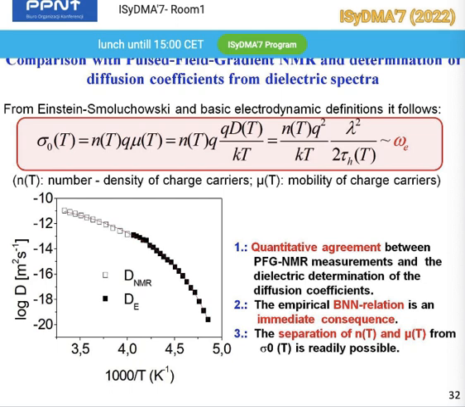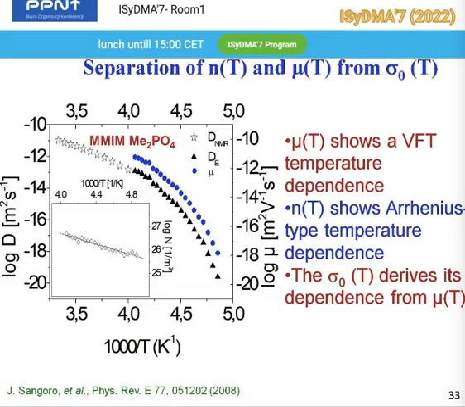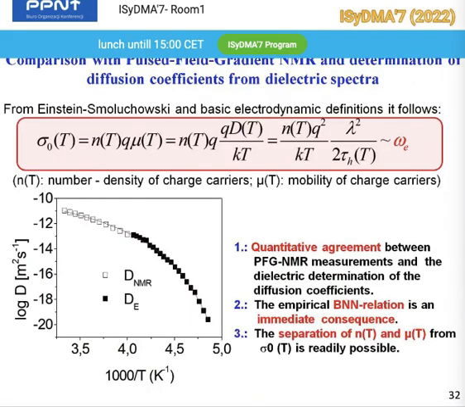But we can go a step forward and do the following. I go one step back. If you measure just conductivity, then you always have the product between the number density and the mobility of the charge carriers times the charge of your hopping entities.